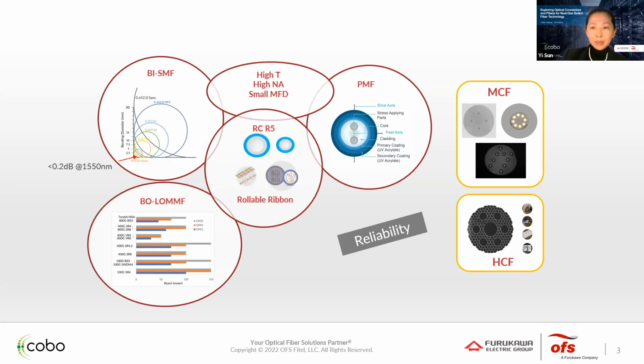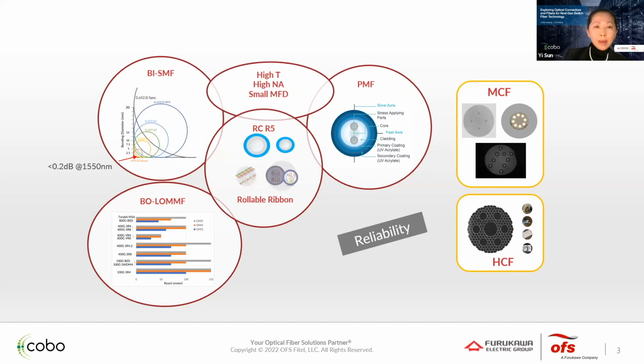But as Bulent just mentioned, the multimode VCSEL option is not left out. The multimode VCSEL platform has the benefit of low power and a better connector tolerance that was well proved in pluggable transceivers, and the same benefit can be carried over to the co-packaged optics and the onboard optics.